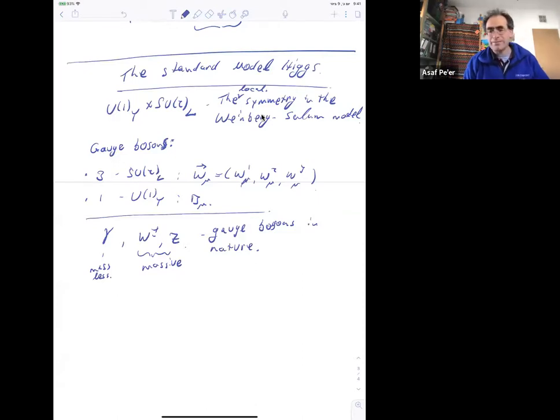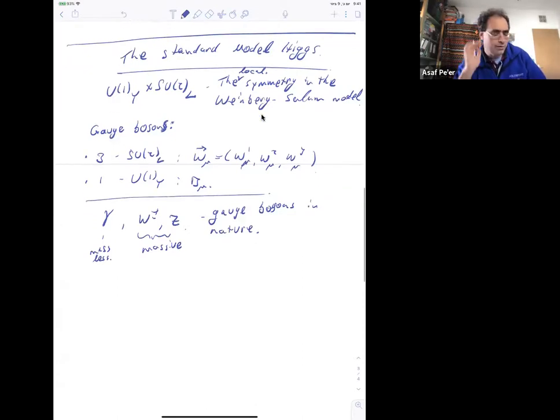So the simplest model that we can think of must have 4 degrees of freedom, consisting of either 4 scalar fields, or we can put them in the form of 2 complex scalar fields.